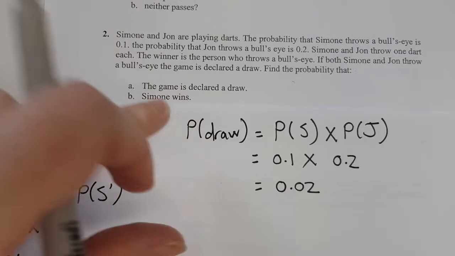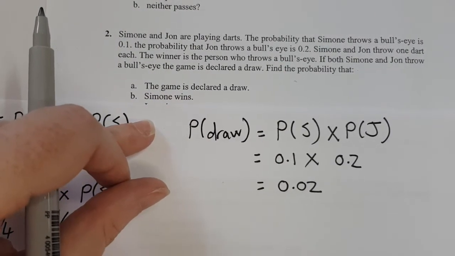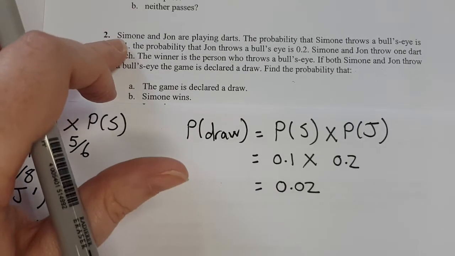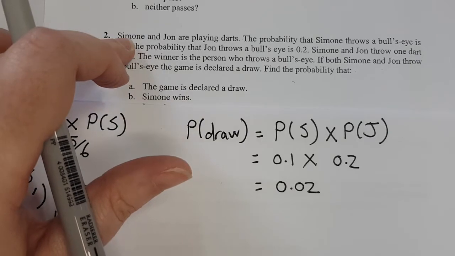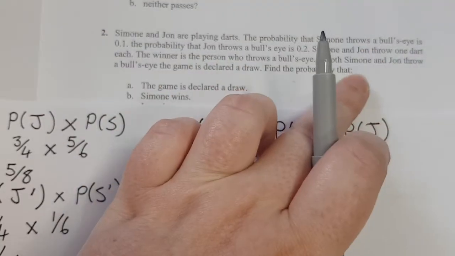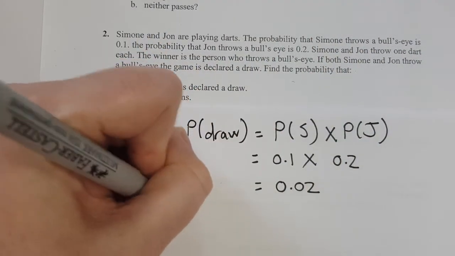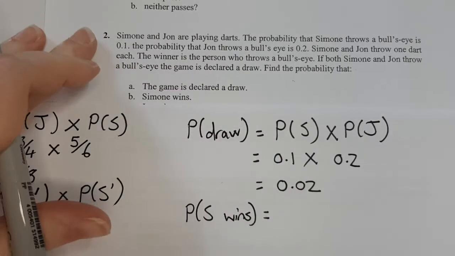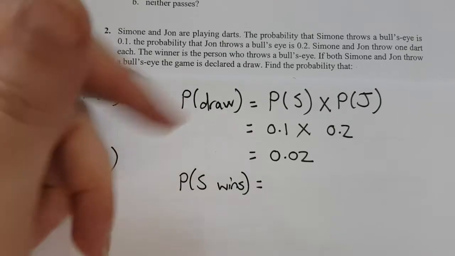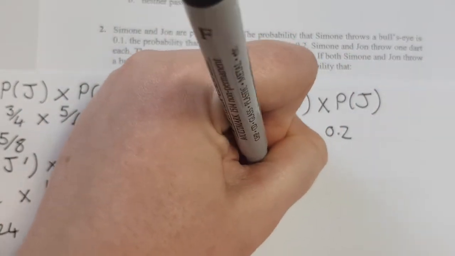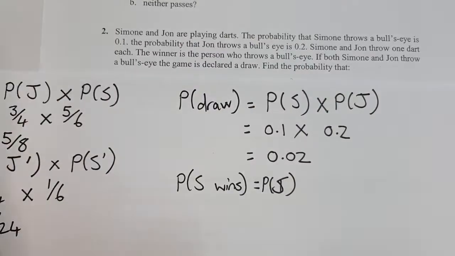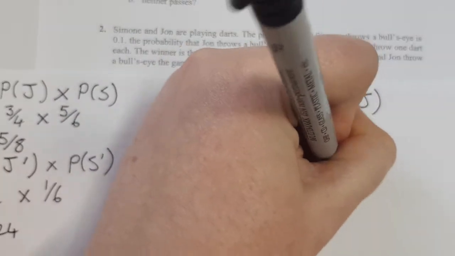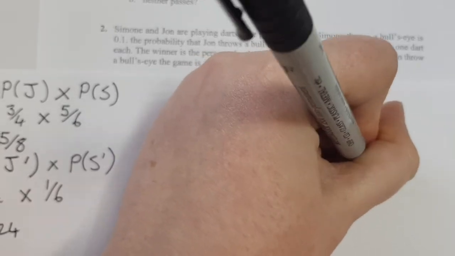The probability that Simone wins. So that means Simone threw a bullseye, but only she threw a bullseye. So that means that she threw a bullseye and John didn't. So our probability that Simone wins is going to equal the probability that she got a bullseye and the probability that John didn't.